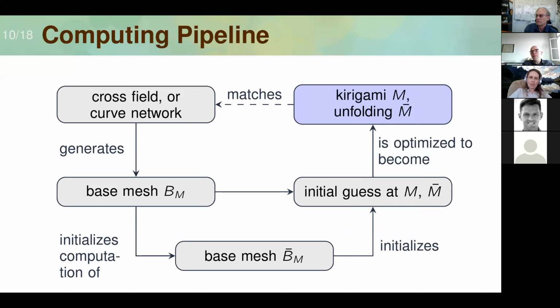So deviation from the isometry should be less than so-and-so because you want to make it from paper, and you cannot go beyond 0.005 or something. So you have physical constraints that drive the action. When you achieve that, you do not care if there is another global optimum. You need one. You will be able to see that you match the original cross field or curve network. So you verify a posteriori, so to speak.